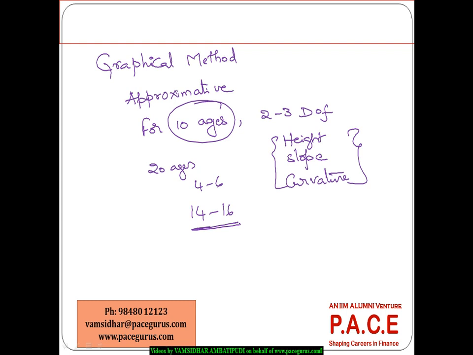Depending on the mechanism that we have used, either the parametric formula approach, the standardized table approach, or the graphical method, we will be removing degrees of freedom, starting with a base which is the total number of ages that we have considered.